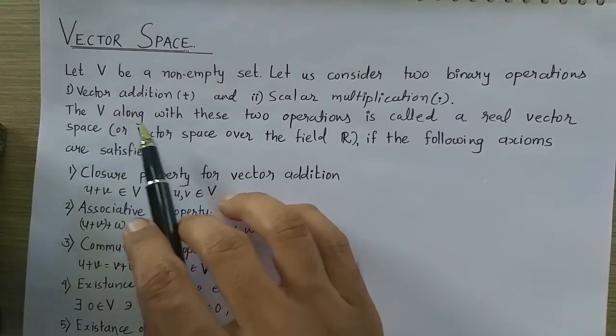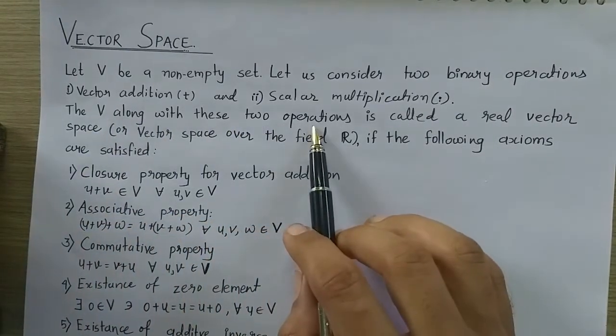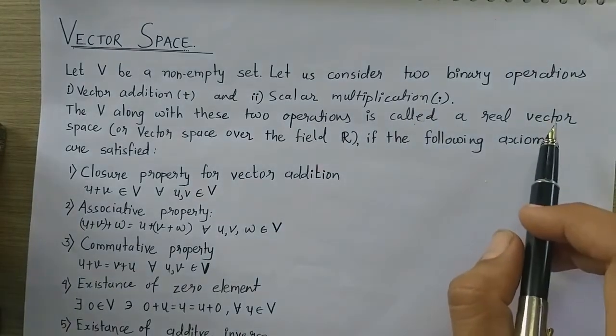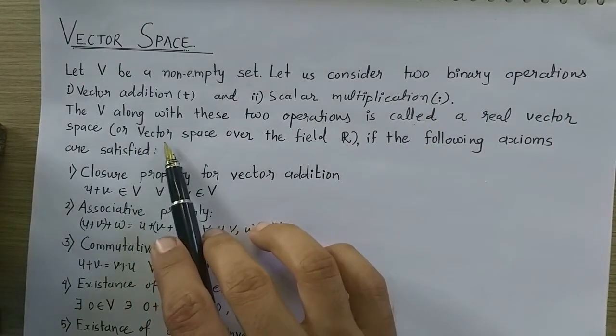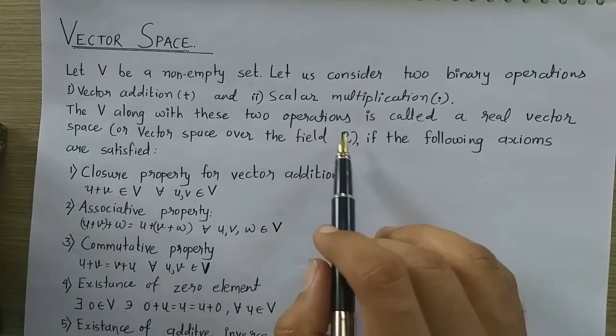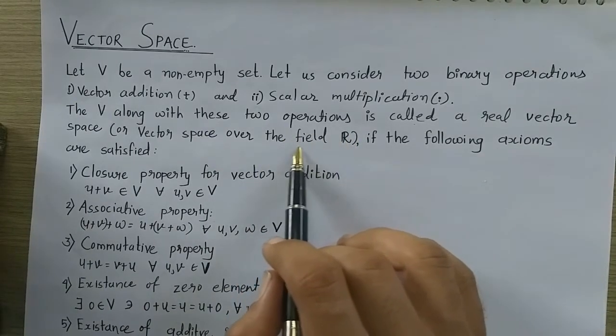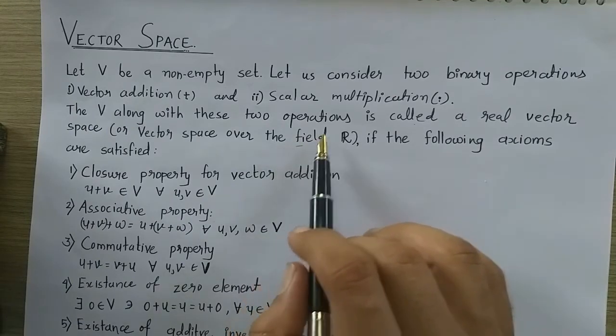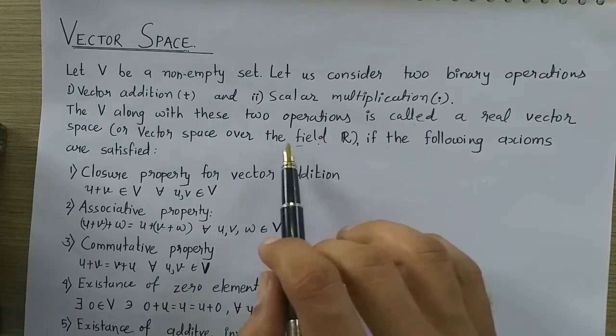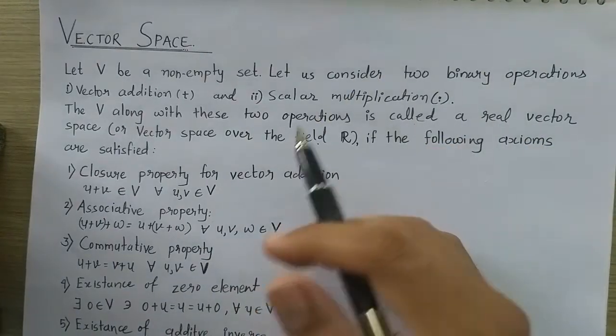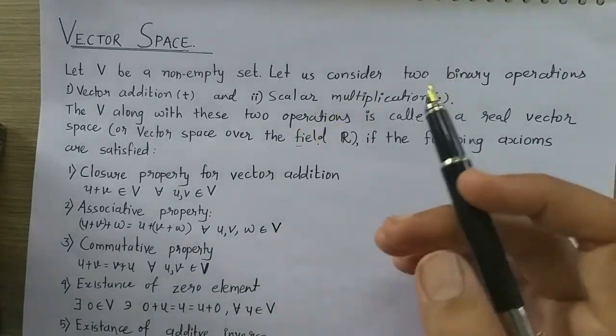Then V along with these two operations is called a real vector space or a vector space over the field R. Here in the definition we have field, so it is a must that we first understand field. So I have introduced group, ring and field.